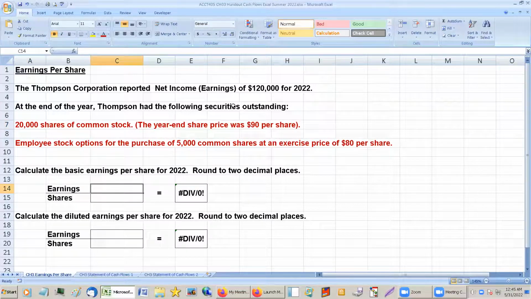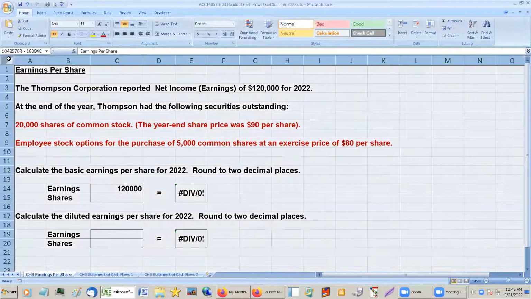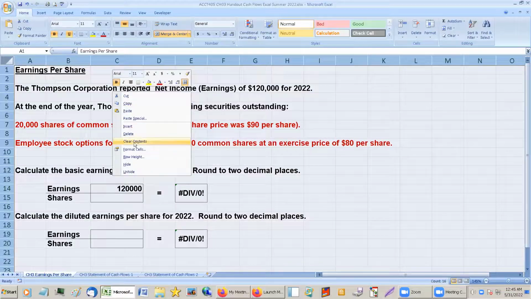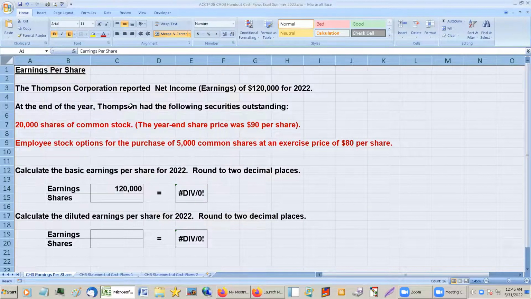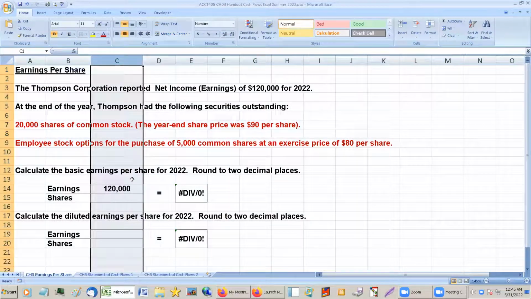So earnings is 120,000. And the number of shares that's actually out there right now is 20,000.